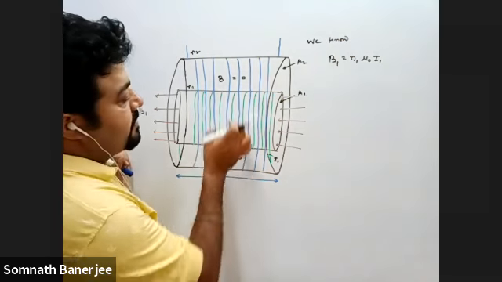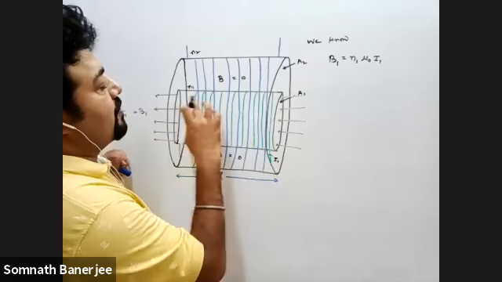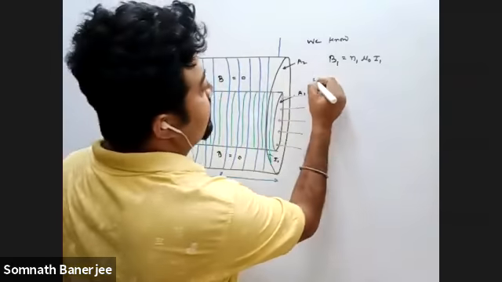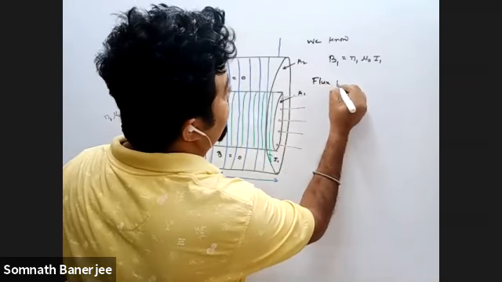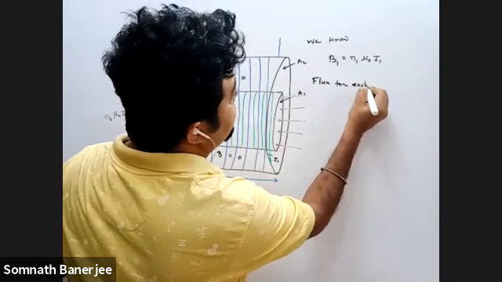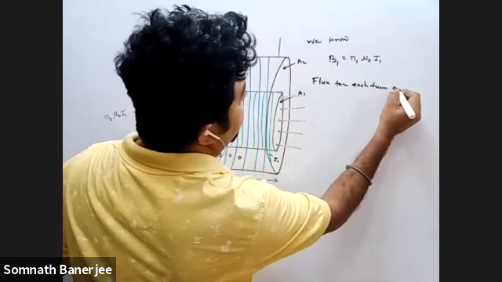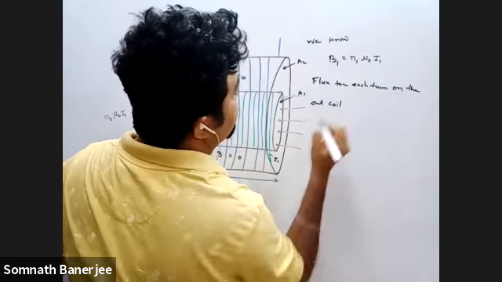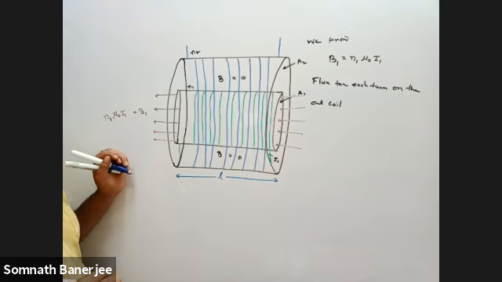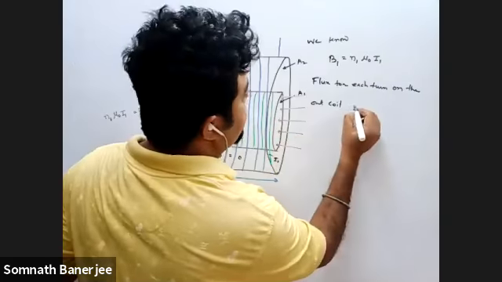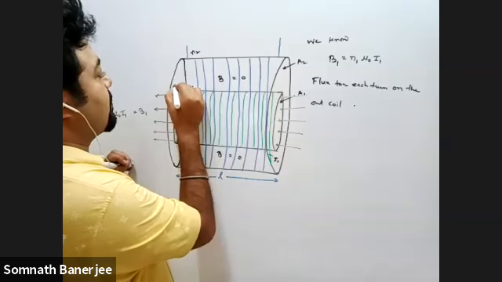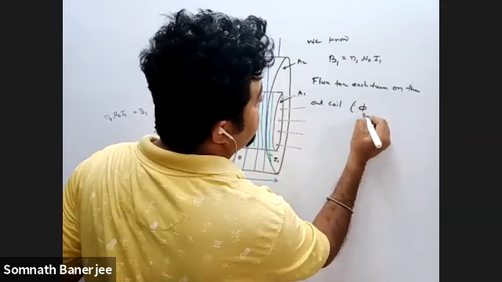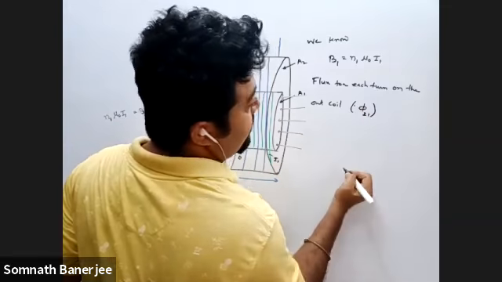Now it is clearly visible outside this solenoid, we know the magnetic field is 0. So flux for each turn on the outer coil. If we write this one is one coil and this is the second coil, so we can write flux at the second coil due to the first coil.